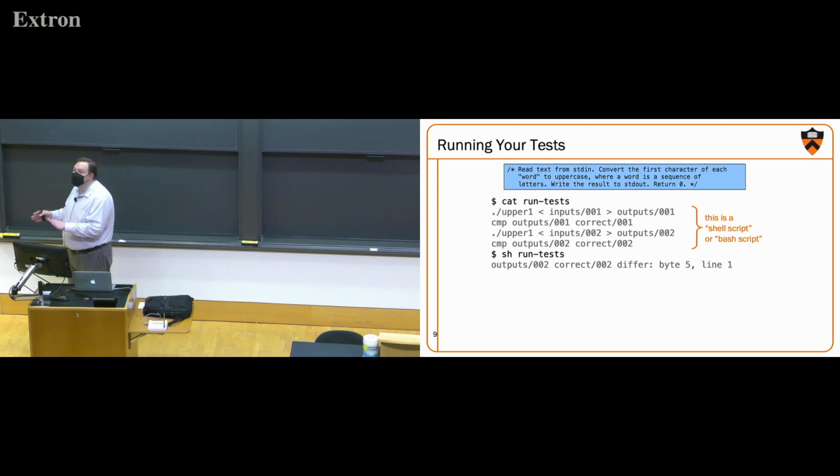If it doesn't output anything, that means that all of the comparisons came out correct. But if any of the actual outputs disagreed with the correct outputs, then you know about it. So with one command, you can actually run a bunch of different tests against your code.